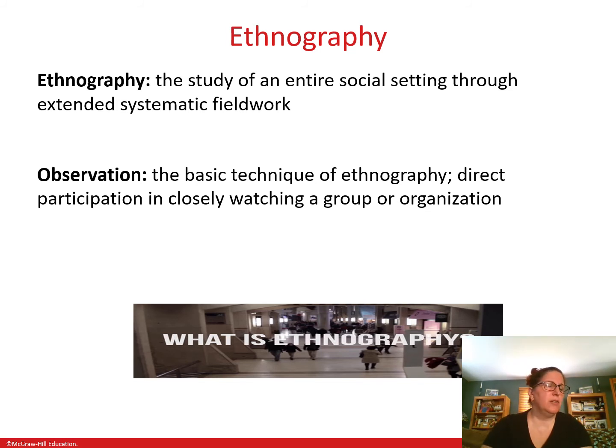Before I move on to ethnography, just one other point I wanted to make about survey questionnaires, some of the advantages of doing it. Compared to most of the other methods we're going to talk about, it is probably the least expensive to administer. For example, when I worked at Cooper Hospital for a number of years in the planning and research department, I was responsible for getting out the patient satisfaction surveys, which everyone loves to get after they've had a doctor's appointment or a hospitalization.